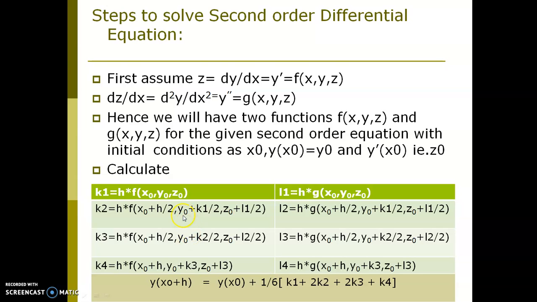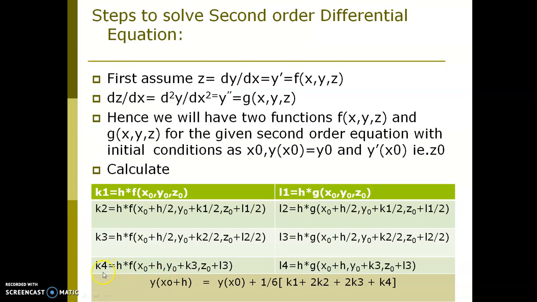But for the y variable, we will make a change by considering the previous k value as well as the previous L value which we have calculated. So y0 plus k2 by 2 becomes the new value of y, whereas z0 plus L2 by 2 becomes the new value of z. Again, k3 will be calculated, and L3 will be calculated by putting it into function g.